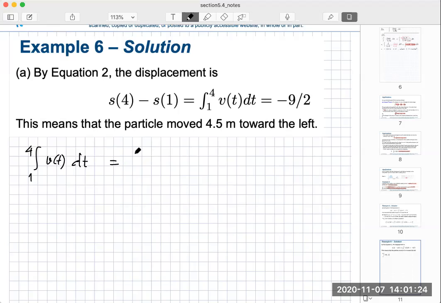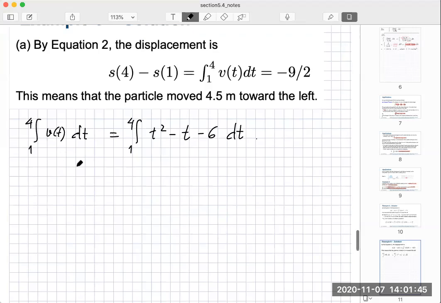And we're given that v(t) is t squared minus t minus 6 dt, okay? So this is the sum and difference. So in order to find the integral of this, we need to find the antiderivative of each of them, right? And what are they in this case?